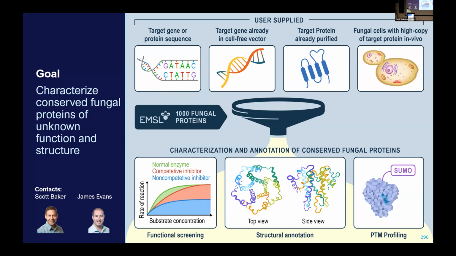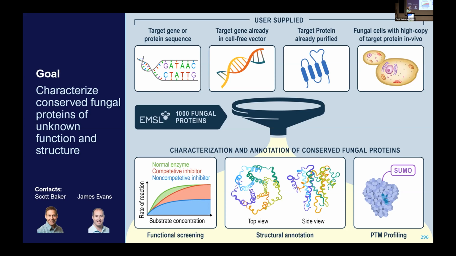From a user simply having a target gene or protein sequence that they might have identified through proteomics or other methods, we can start the entire pipeline from there. So a group does not have to have any cell biological or biochemical or even genetic skill sets in their group in order to utilize the pipeline.